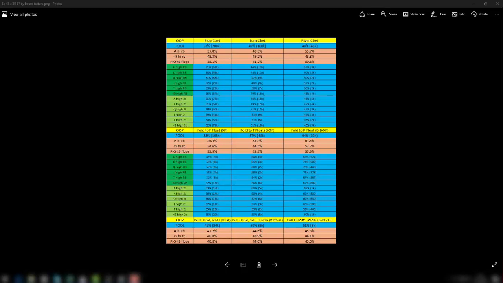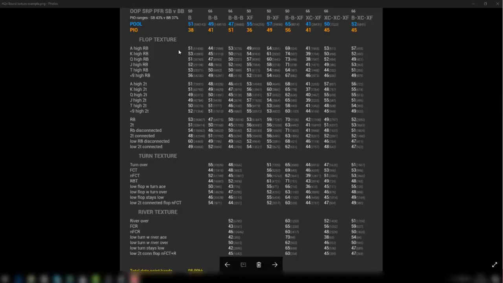In Hand2Note, I'll show you how to go into more detail and produce your own reports that will look something like this. So here I've got all the flop texture information that I had in the previous grid, and then I've got some variations like rainbow boards grouped together, two-tone boards grouped together, information for different types of turns and rivers.